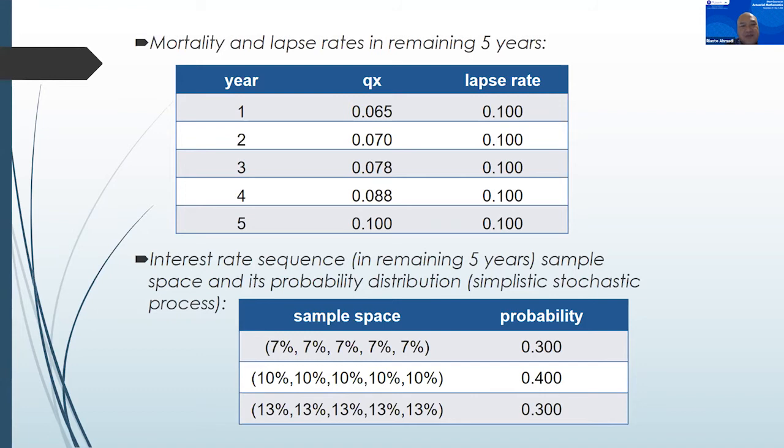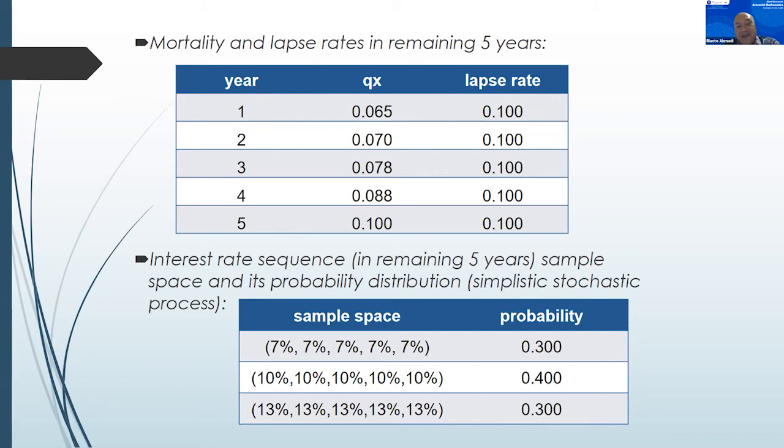So that's the assumption on lapse and mortality. How about the interest rate? Well, let's assume that the interest rate is a stochastic process, a simple stochastic process with finite dimension. The first possible outcome of the process is that the interest rate is going to be 7% uniformly in the next 5-year period.